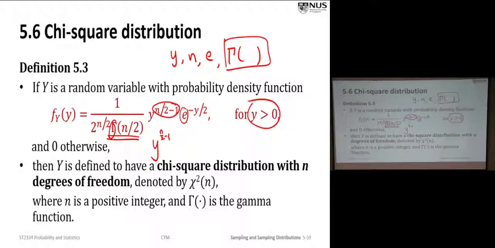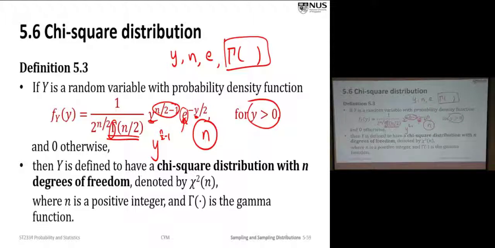But you also have to know that for a given distribution, usually an infinite number of them belong to that family. That means they are similar. The only difference is some parameters or constants. In this case, this is a constant, and y is the value of the random variable. So the only thing that indicates that they are different is n. n is the parameter of this distribution.